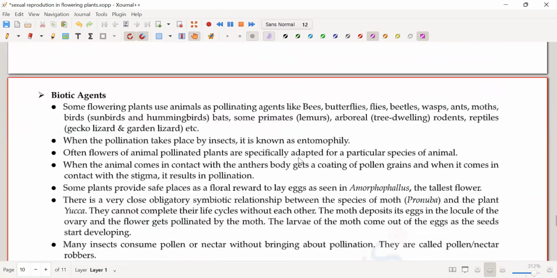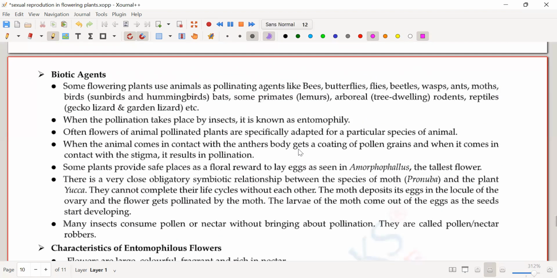Okay. What are the biotic agents? Some flowering plants use animals as pollinating agents like bees, butterflies, flies, beetles, wasps, ants, moths, birds, sunbirds, and hummingbirds. Bats, some primates, lemurs, arboreal tree-dwelling rodents, reptiles, gecko lizards, and garden lizards.